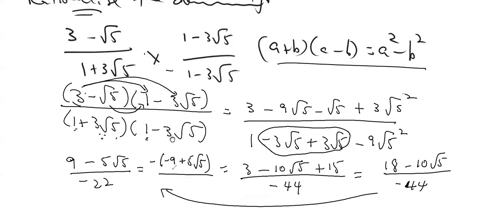So this can be written as 5 root 5 minus 9, and there is a minus sign outside, minus all 22, and this minus sign and that minus sign will go. And you're going to be left with 5 root 5 minus 9 over 22. You don't have to do all of that. You could stop right here.